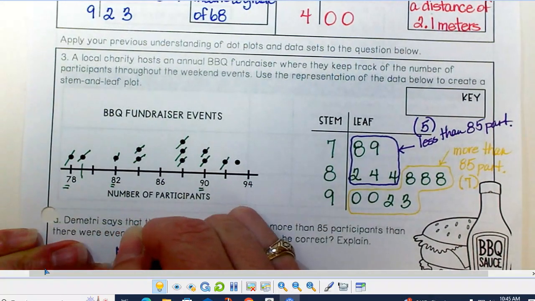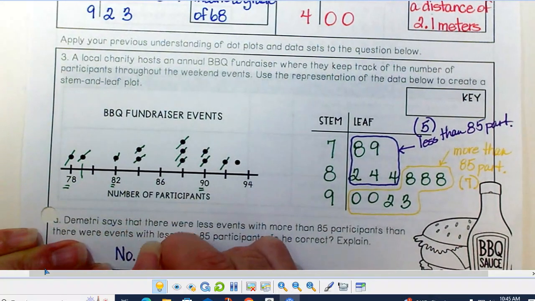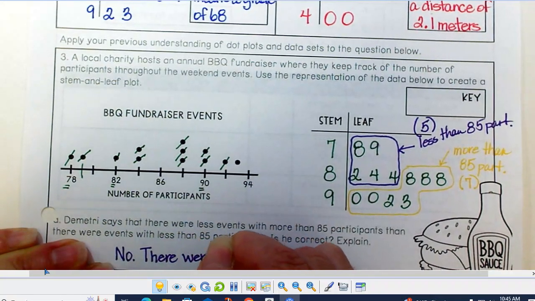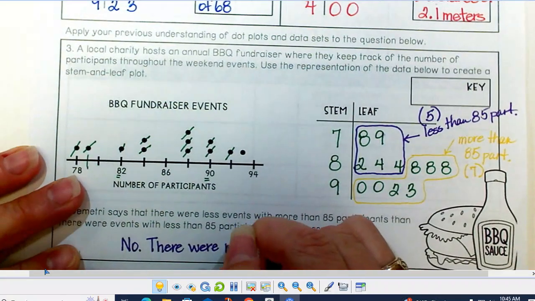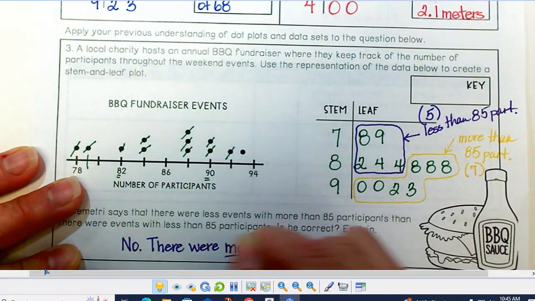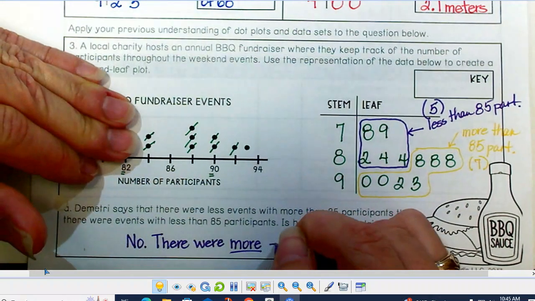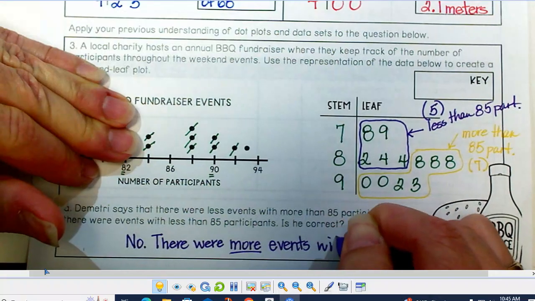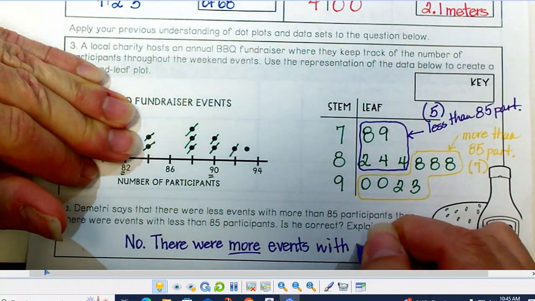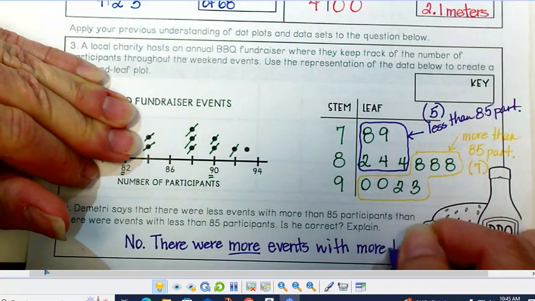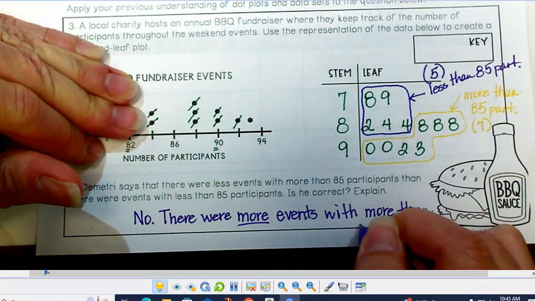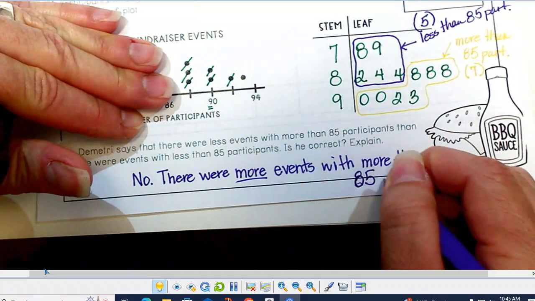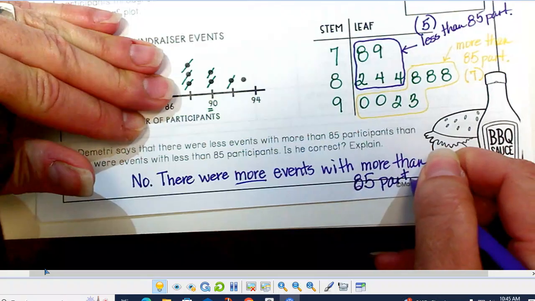No. There were more events. Oops. It's supposed to be an 8. 85 participants. Okay.